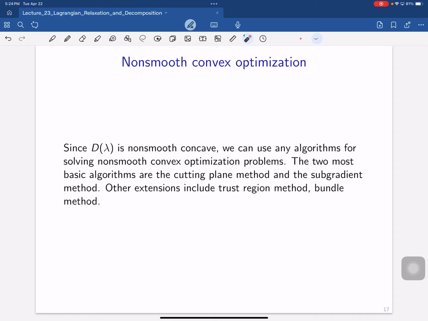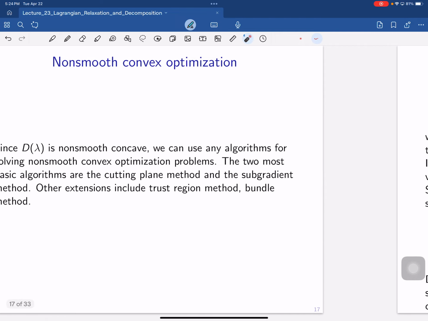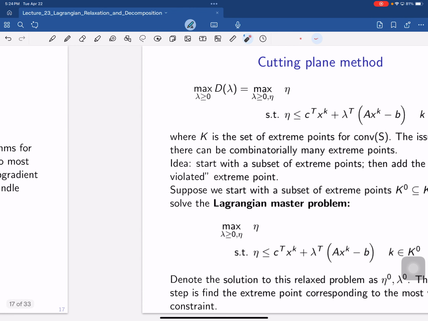As long as we know d lambda is a non-smooth convex problem, we can use any non-smooth convex optimization methods out there in the literature. Here I'm going to introduce the two most basic algorithms for solving non-smooth convex optimization: the cutting plane method and the subgradient method. So let's start with the cutting plane method.